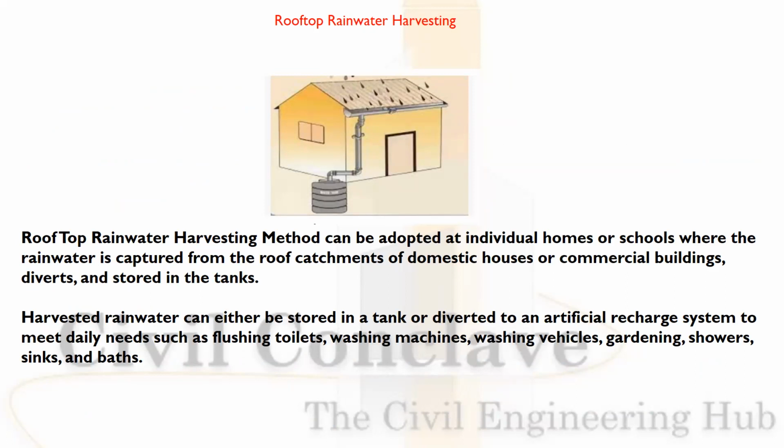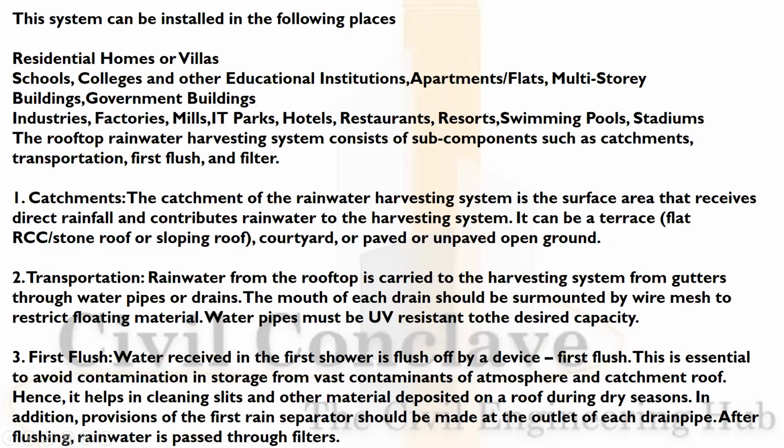Harvested rainwater can be stored in the tank or diverted to the artificial recharge system, which can meet our needs such as toilets, washing machine, washing vessels, bath, etc. The system can be installed in the following places: residential homes and bungalows, schools, colleges, educational institutions, apartments, multi-story buildings, government buildings, industries, factories, and many other areas.